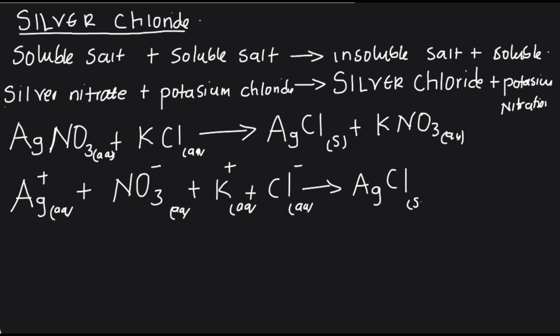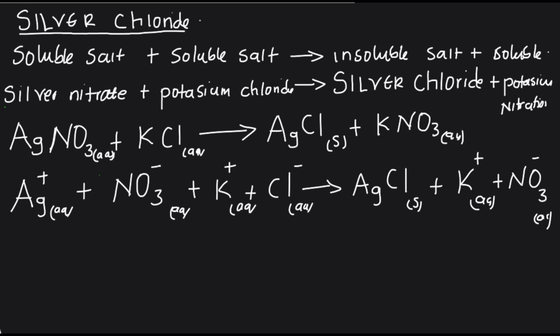Then solid, plus potassium aqueous, plus nitrate minus aqueous. So we have our ionic equation. Now if this is our overall ionic equation, how can we now make the net ionic equation?